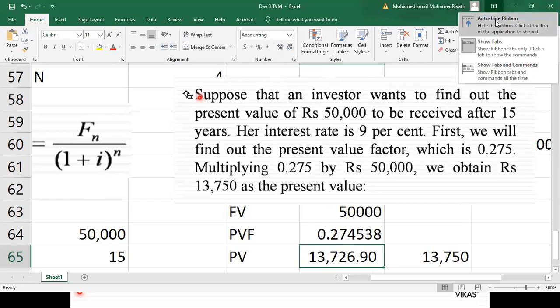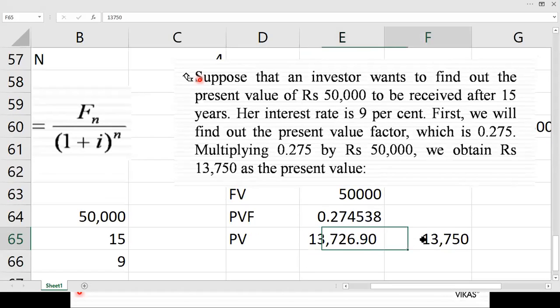What is the reason for this difference between the book answer and our calculation? Ishuru, what is the reason? Yes, sir.